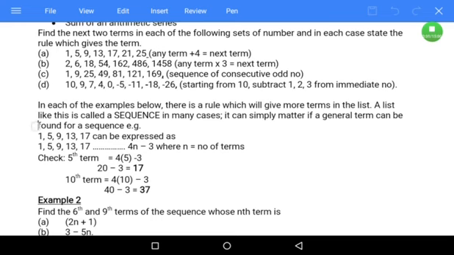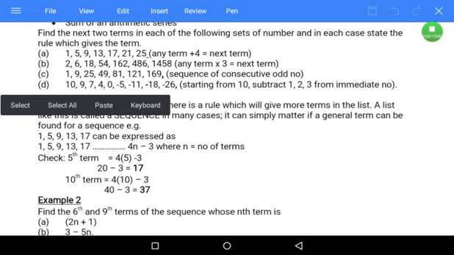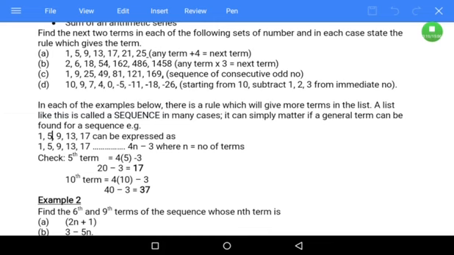Let's check. The first term is 1. Let's slot 1 for n. 4 times 1, 4 minus 3 will give 1. The second term is 5, so let's slot 5 for n here. 4 times 5 gives 20, then minus 3.